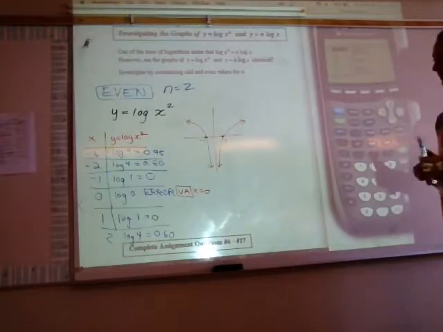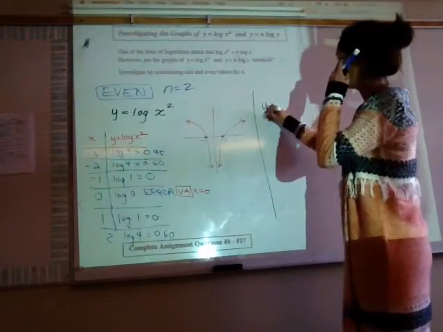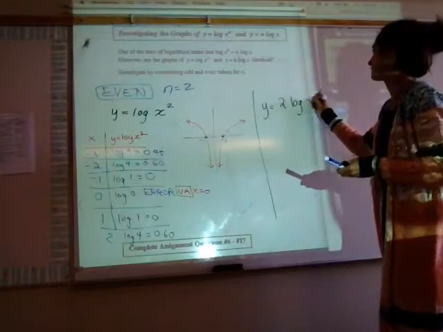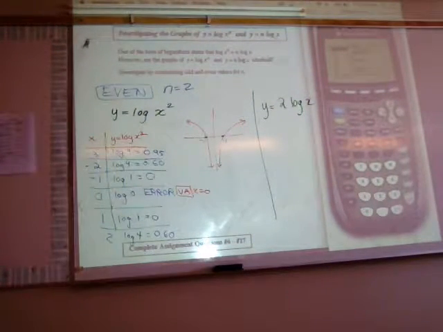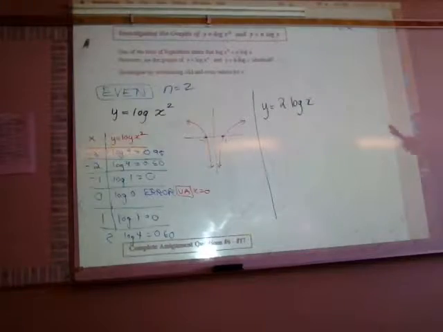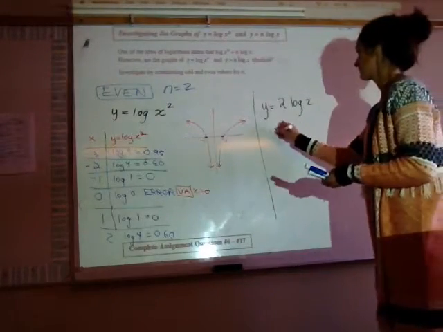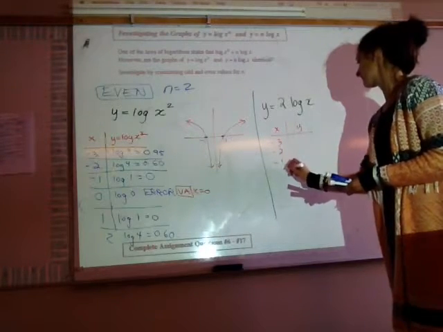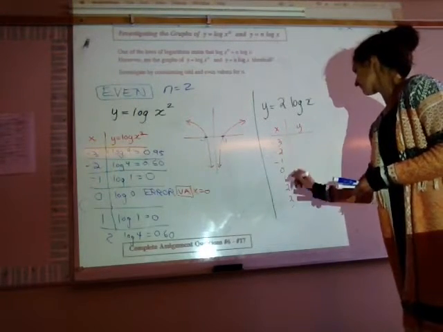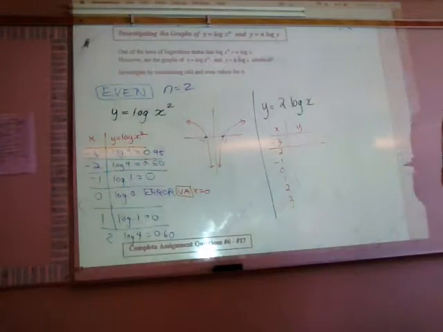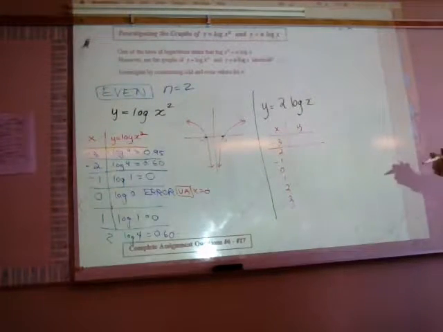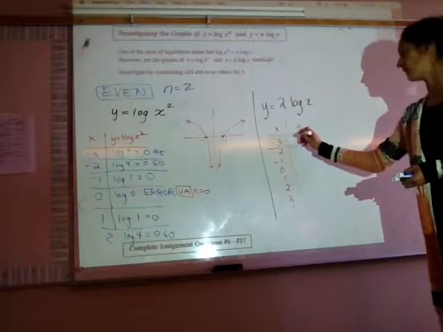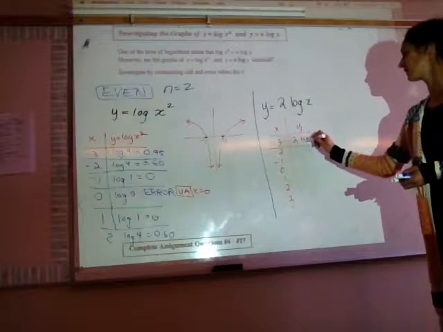Great, now let's compare that graph to y equals 2 times log x. And actually, before we even graph it, let's look at our table of values. I'm pretty sure we'll be able to start with negative 3 and fill in the rest pretty quickly. If we sub in negative 3 for our x, we get 2 times logarithm of negative 3.